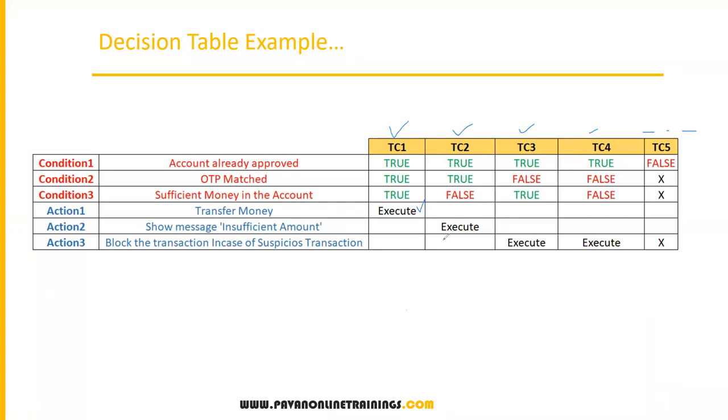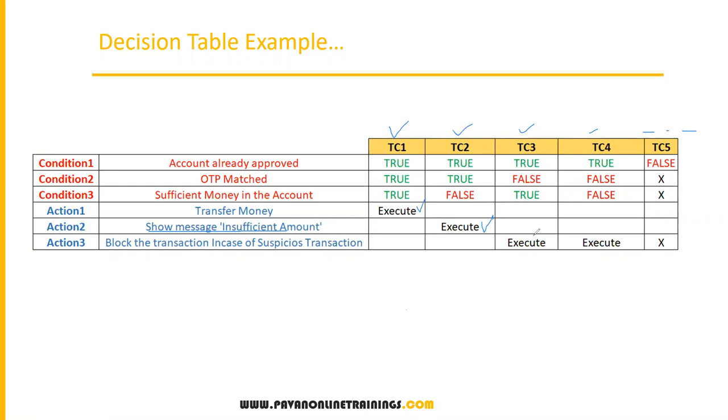So show message insufficient amount should be executed. This is one test case: account already approved, OTP matched, you don't have any balance, then you try to send money. In that case, you will get this message. This is one combination.